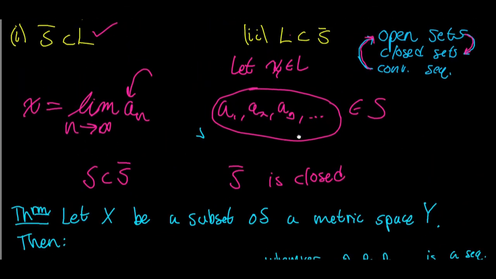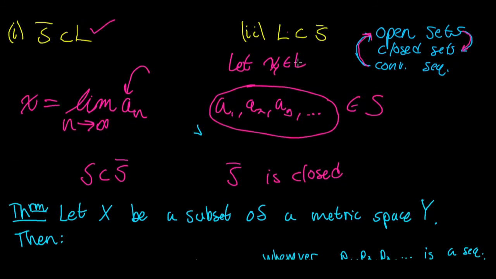I have that x is in L. Therefore, x is the limit of a sequence of points, all of which lie in S. And since S is a subset of the closure of S, all of these points, a1, a2, a3, and so on, all lie in the closure of S.